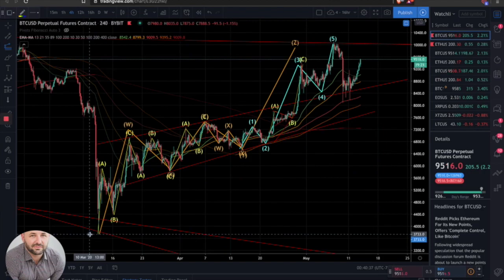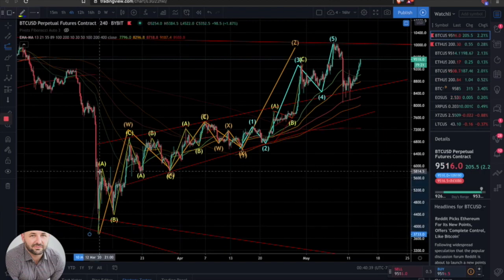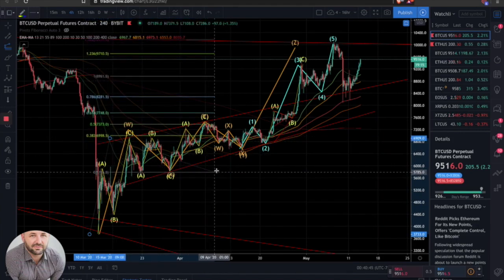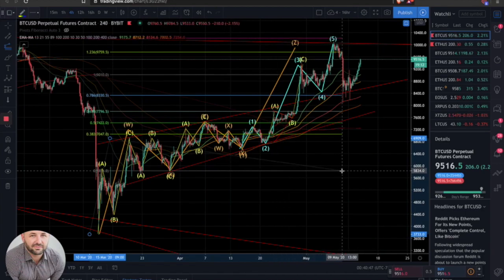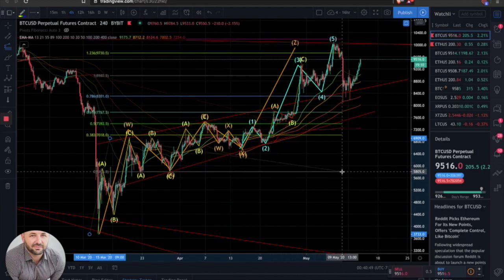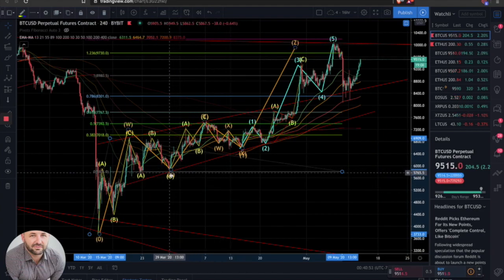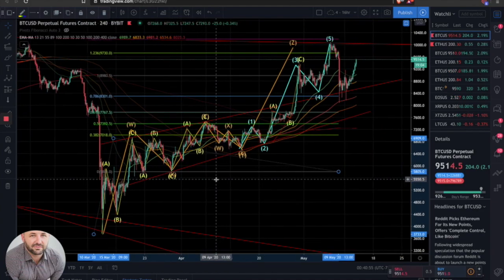So if we started it right at the very bottom, making this a 3-wave structure for the move up, and then getting us to right here at the bottom for the X.